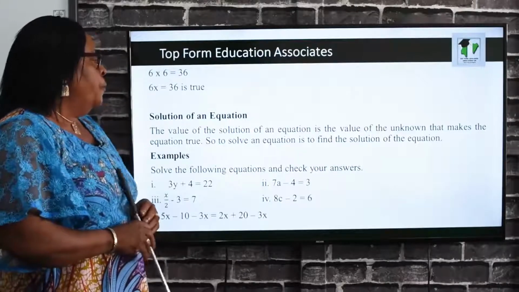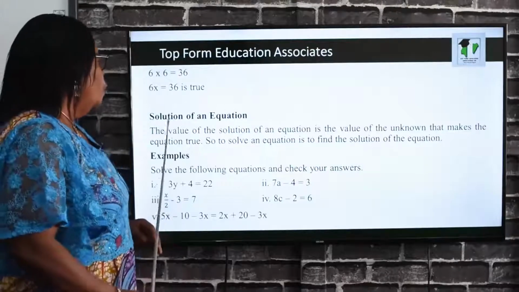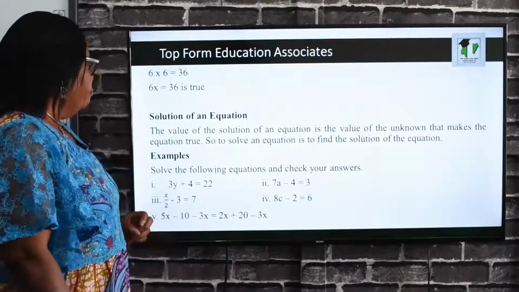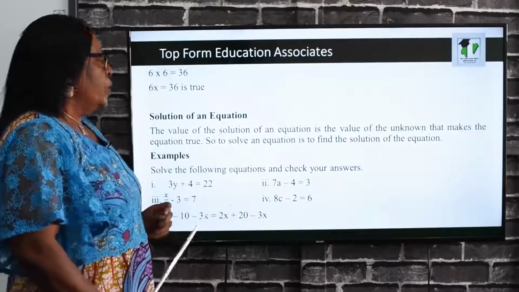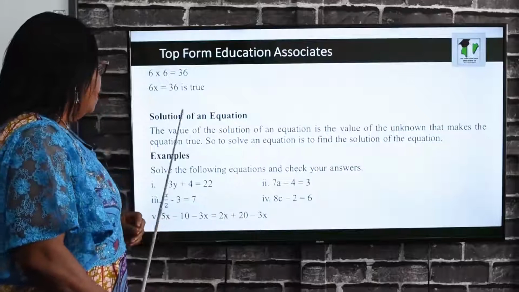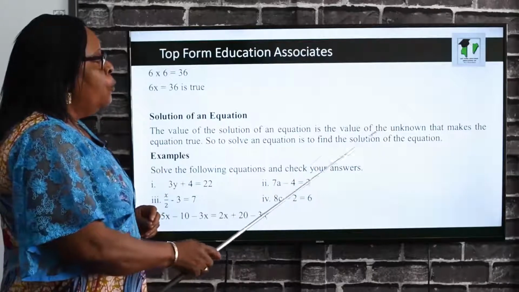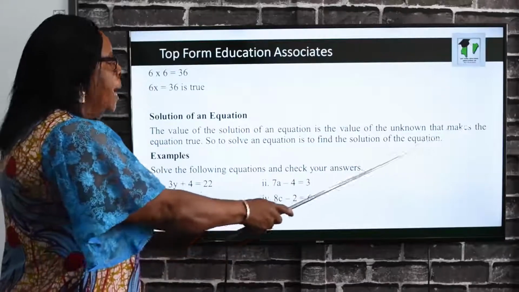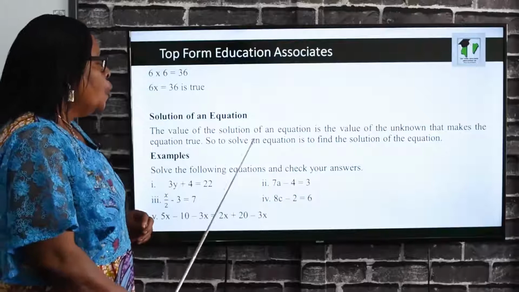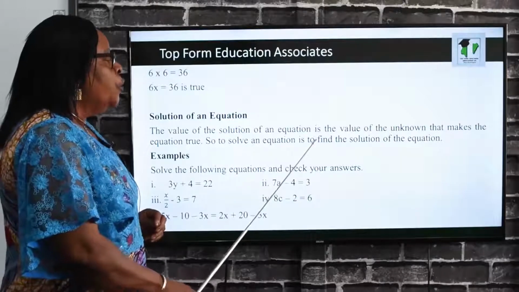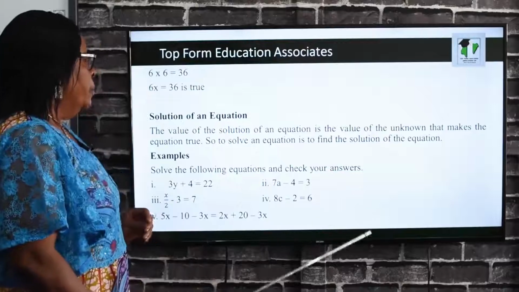Okay, we move to our next subtopic, solution of an equation. The solution of an equation is the value of the unknown that makes the equation true. So to solve an equation is to find the solution of the equation.